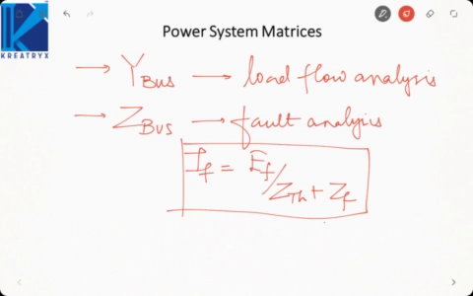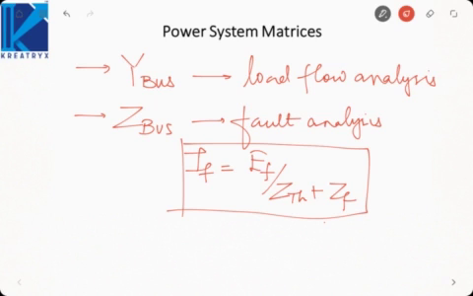Now in using Z bus, we have to identify the Thevenin impedance from the matrix. So that is the challenge in doing fault analysis using the Z bus matrix. Okay, so Y bus and Z bus are two alternate representations of the same power system network.